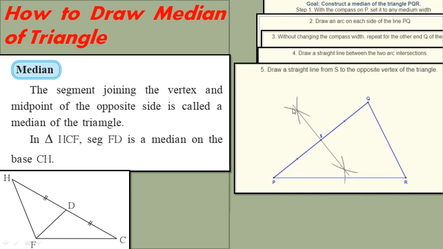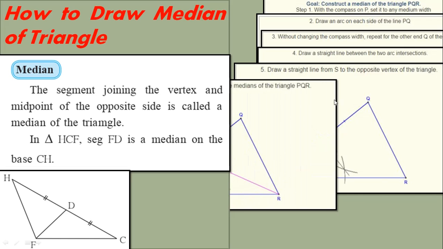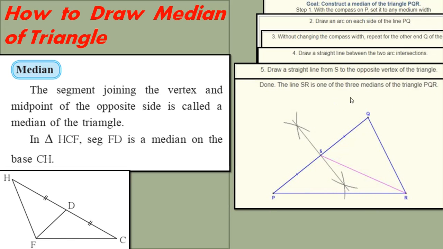Then S, the point on line PQ, is the midpoint of line PQ. Then draw the line RS. This line RS is called the median of triangle PQR.